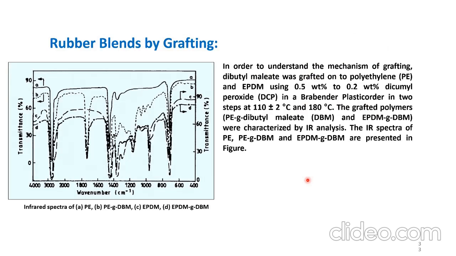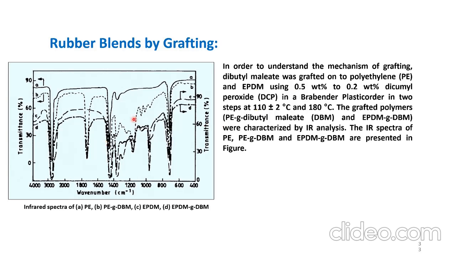Now, what is grafting in the case of rubber blends? What does it mean? We are using dibutyl maleate to graft the polyethylene and EPDM. This can also be observed from the FTIR.